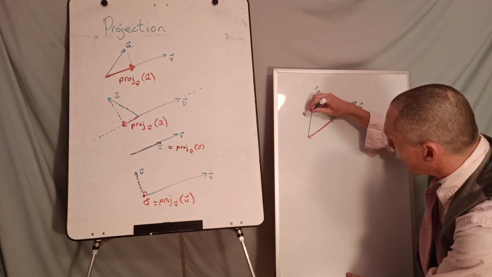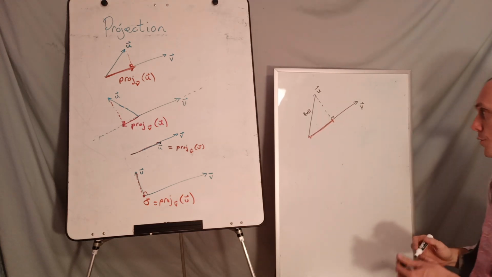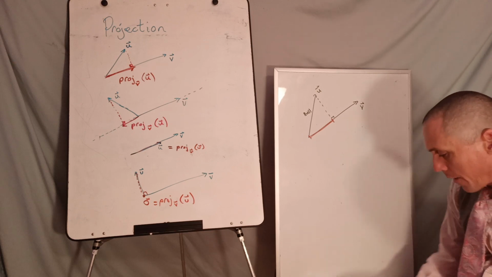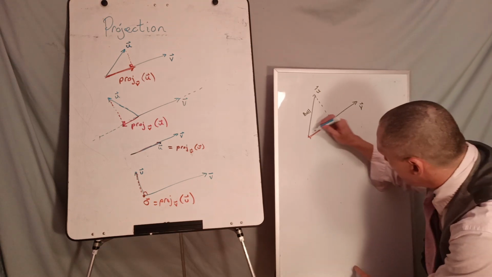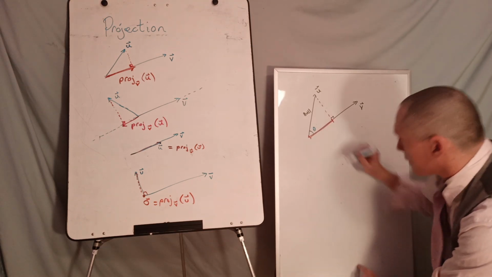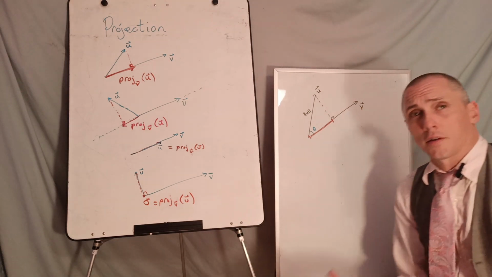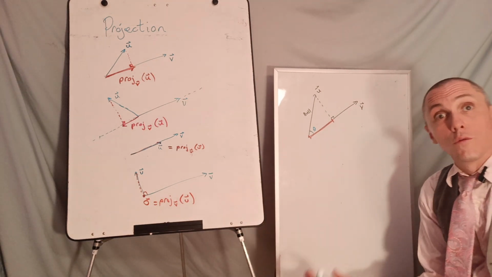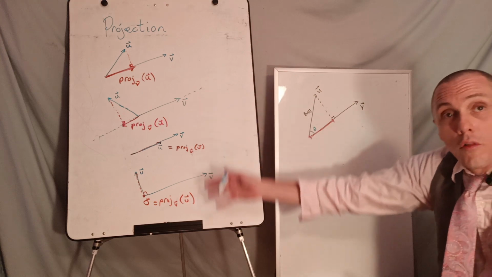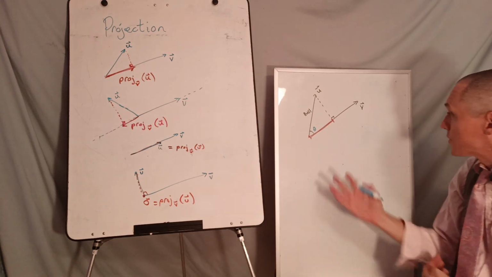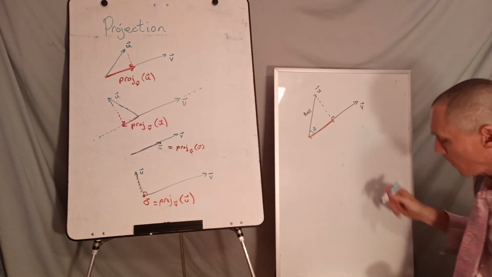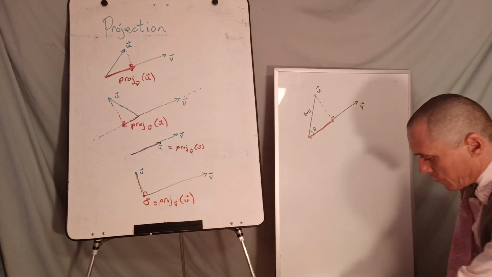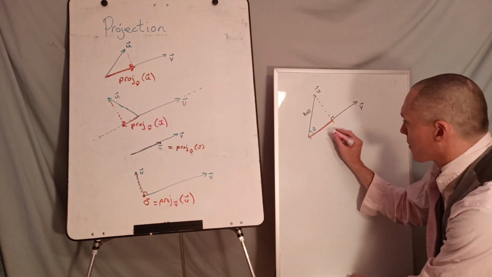How long is the hypotenuse? It's the magnitude of u. And what is this angle between? We'll call it theta. It's the angle that we talked about in the dot product. It's the angle between the two vectors. And that is controlling exactly how much of the projection is oriented along v. And so by trigonometry, well, let's give this guy a name.